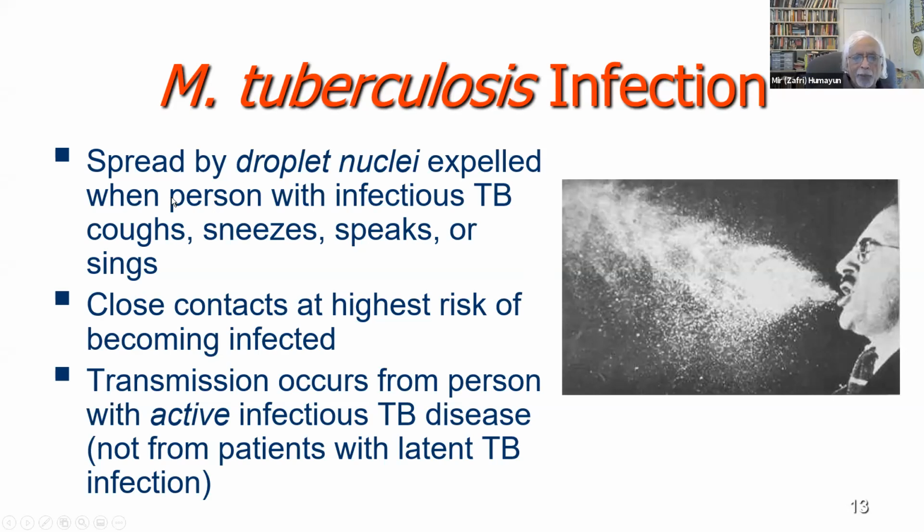Droplets which are expelled, invisible droplets that are expelled when a person who has active TB, this is very important to understand, only a person with active TB, not any person who has latent TB, but only active TB. When such a person coughs, sneezes, speaks, or sings, that person is emitting droplet nuclei.